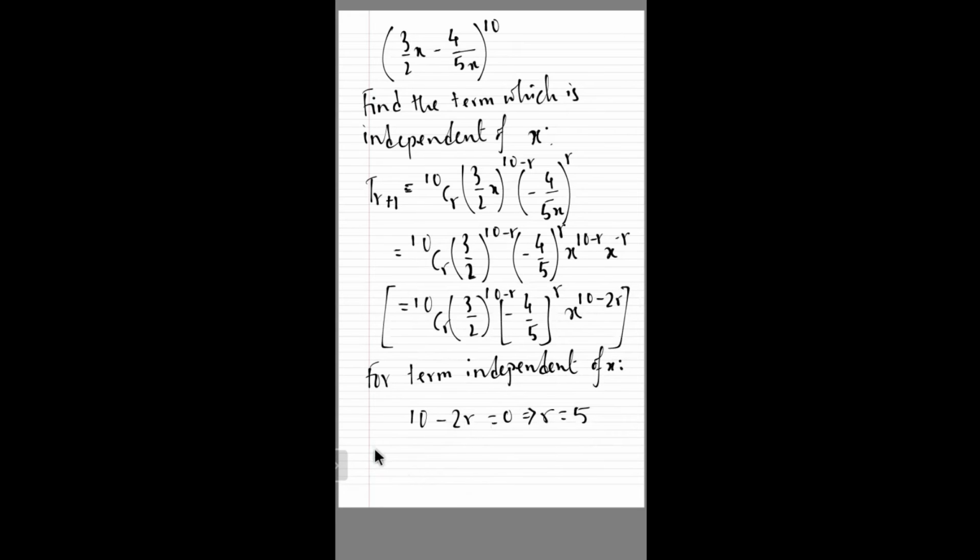The term independent of x can be written as 10 C 5, 3 by 2 to the power 5, minus 4 by 5 to the power again 5, because 10 minus 5 is 5 and this one also is 5.